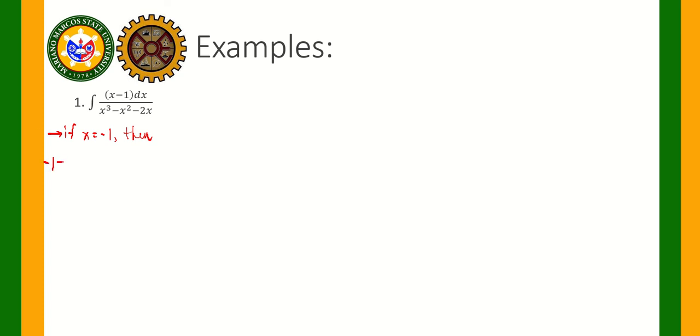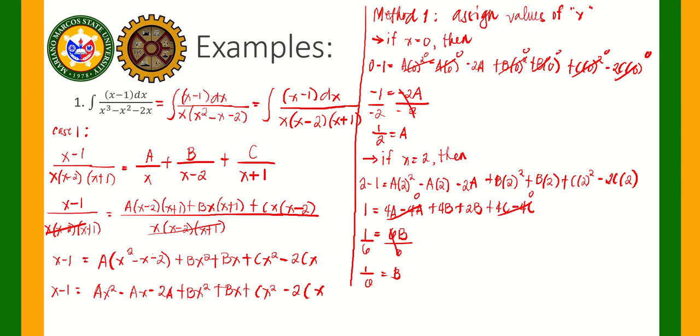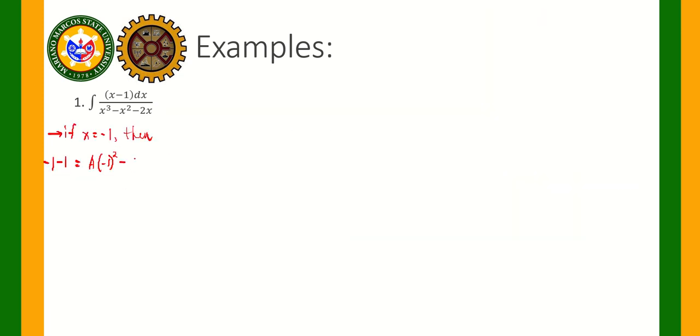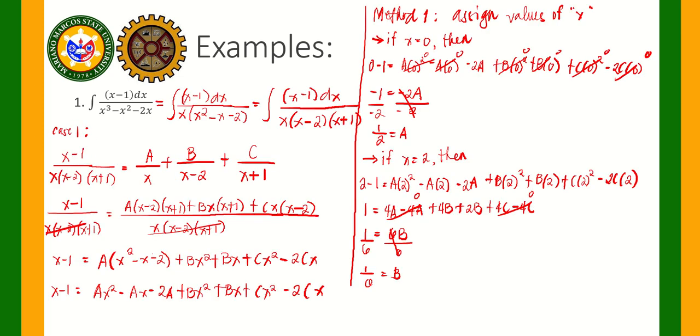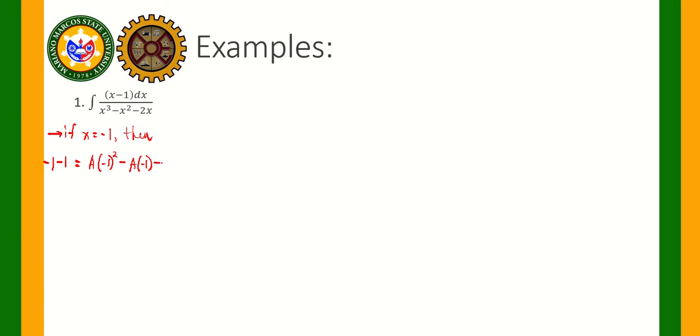So, this will be equal to negative 1 minus 1 is equal to a times negative 1 squared minus a times negative 1 and then minus 2a plus b times negative 1 squared plus b times negative 1 and then plus c times negative 1 squared minus 2c times negative 1.